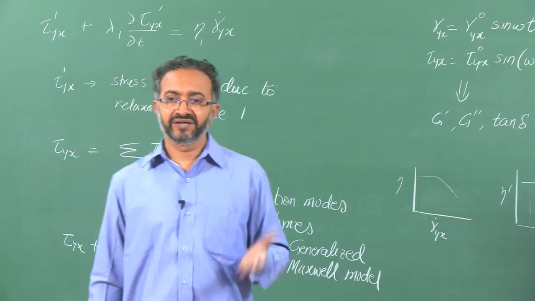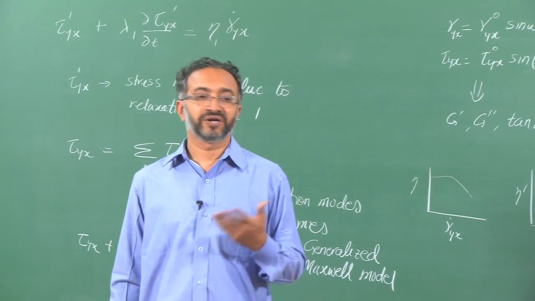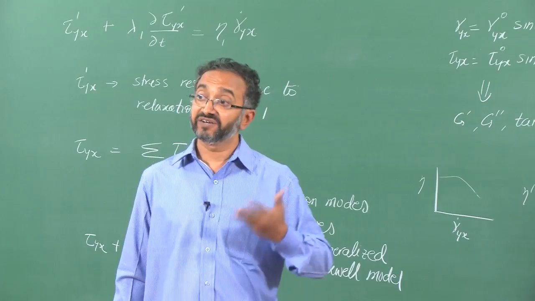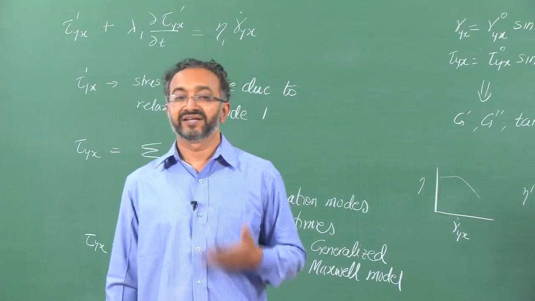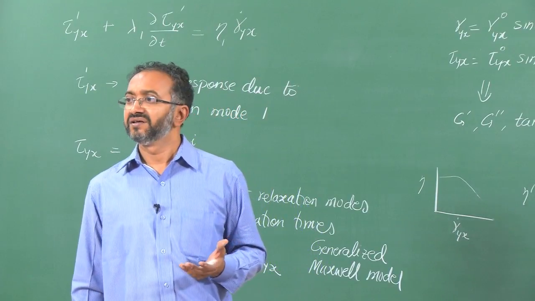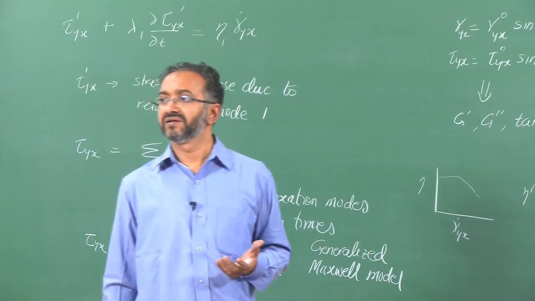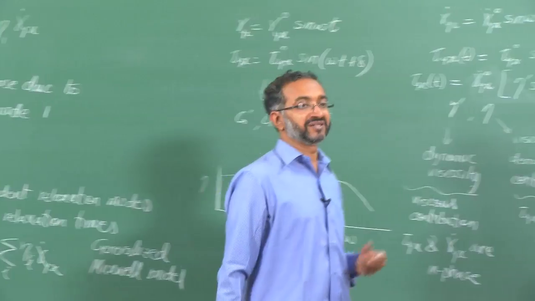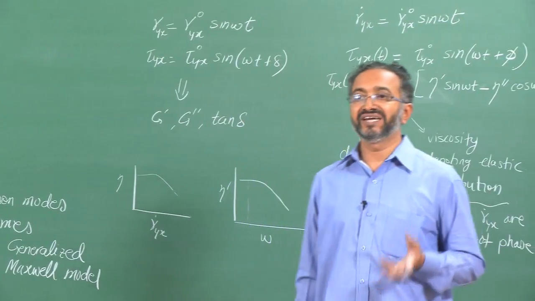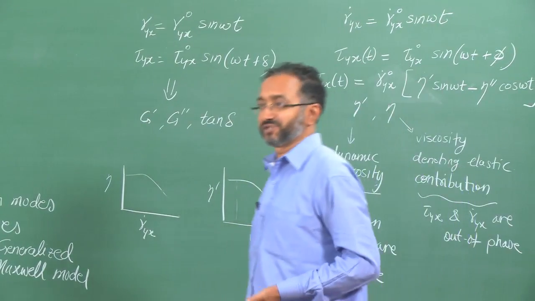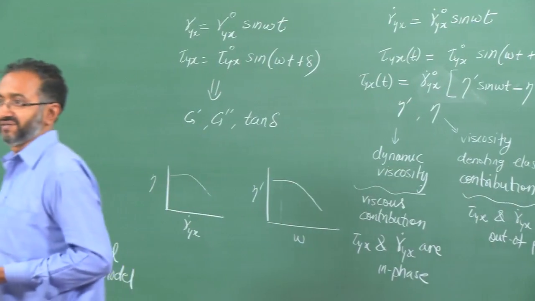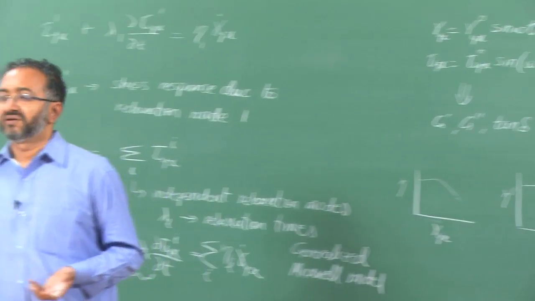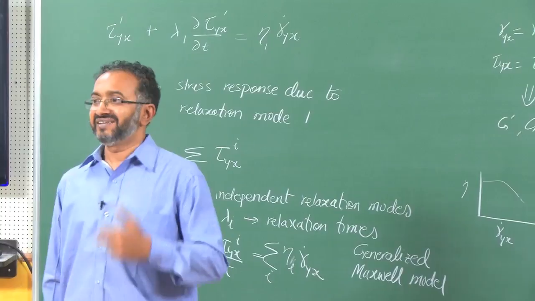In fact, you constantly keep on applying strain rate on the material, you wait for steady state to be reached and then you measure. So in steady state we are only characterizing the steady response, right. There is no elastic contribution once the steady state is reached.